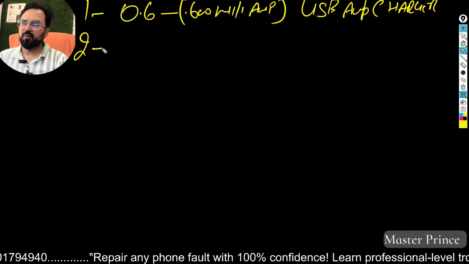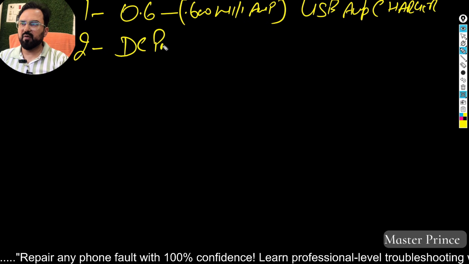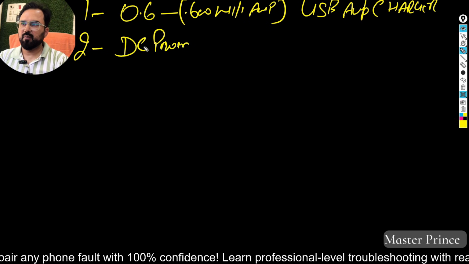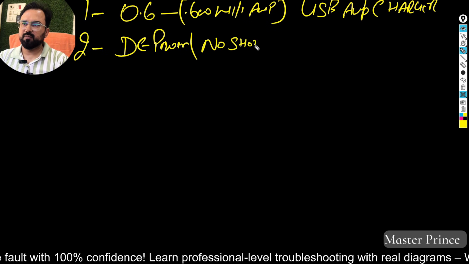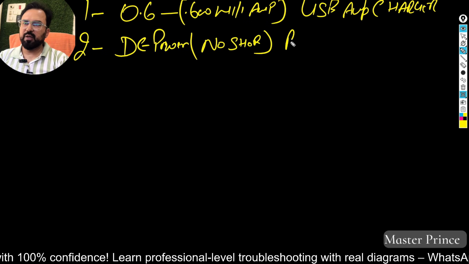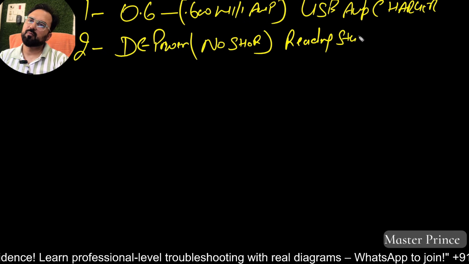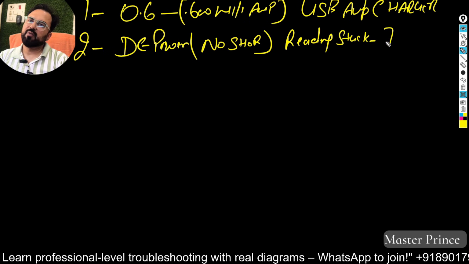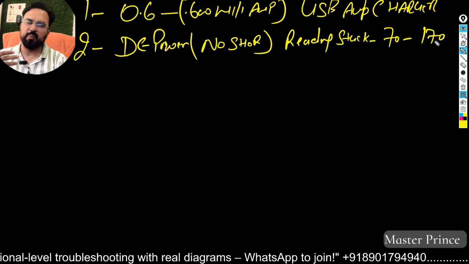Number 2, DC power, no short, reading stuck at 70 to 170, let's say more than 200 depending on the phone.